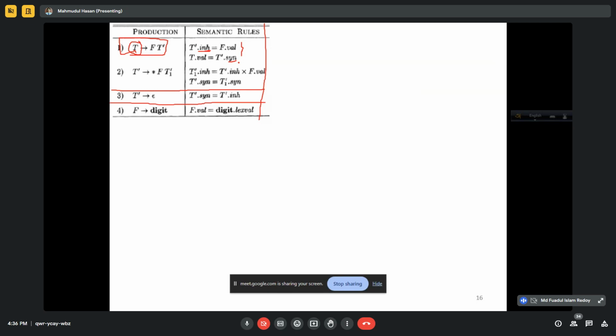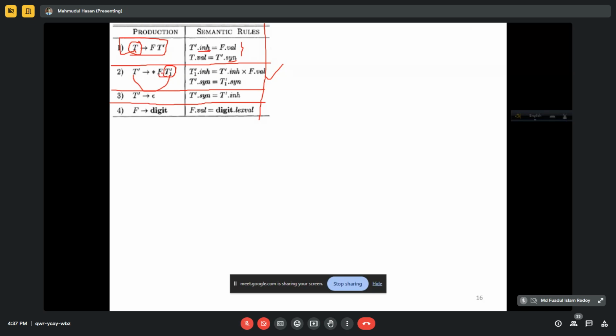Got it? Okay. So if you look at the second production rule, T dash to F T1 dash, that means the T1 dash inherited value you get by multiplication of T dash inherited, that means this one and this one.